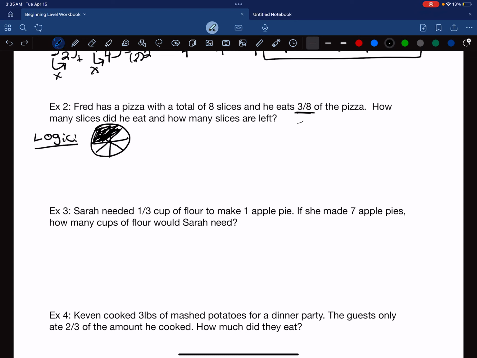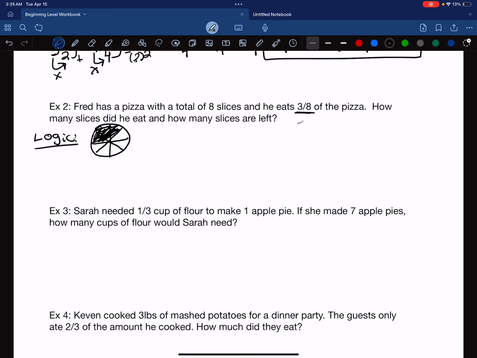And then from here, first off, we already just answered that he ate 3 of those pieces of pizza. So we can say Fred ate 3 pieces. That's one of our answers.